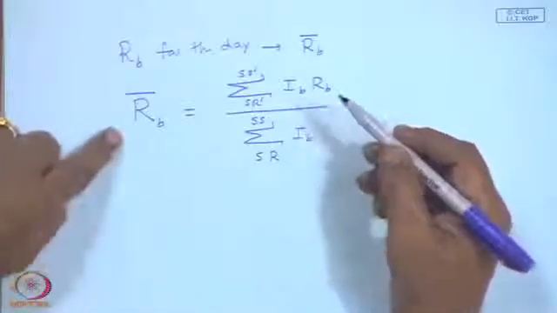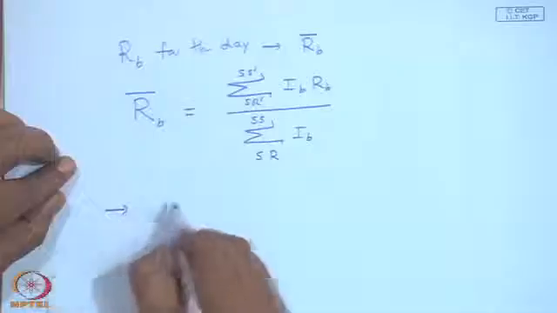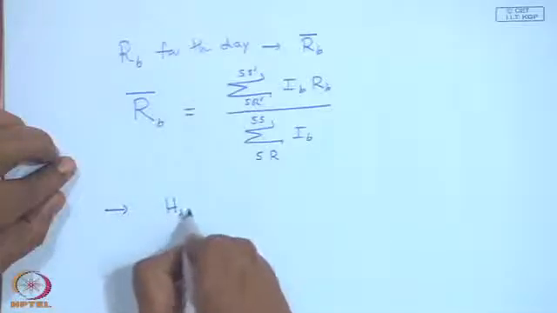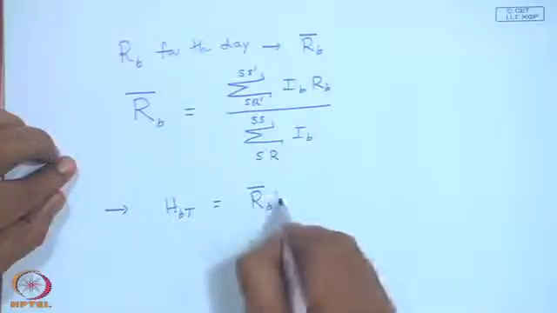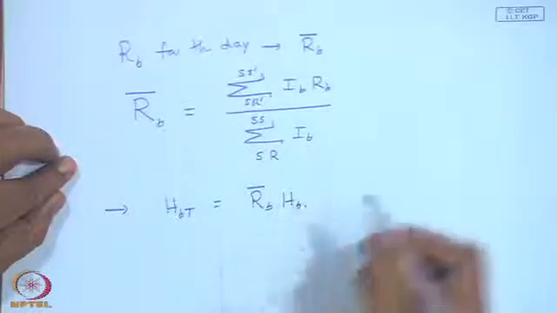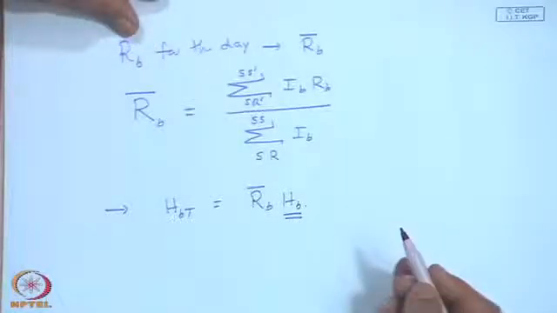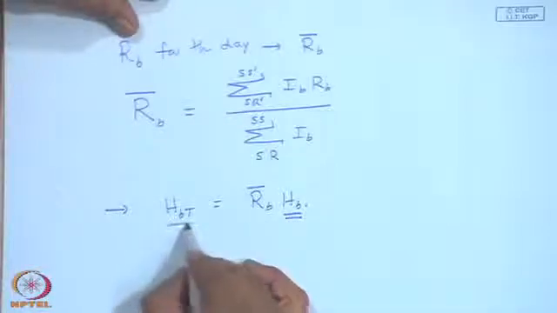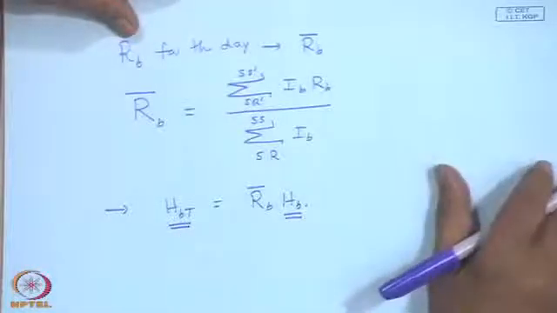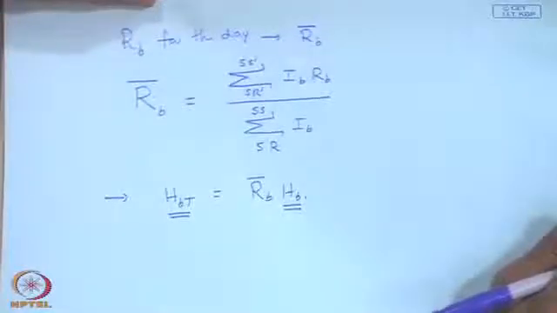So this leads to H B T equal to R B bar H B. If I have the daily beam radiation on a horizontal surface, I can calculate the daily direct radiation on the tilted surface by this factor R B bar into H B.